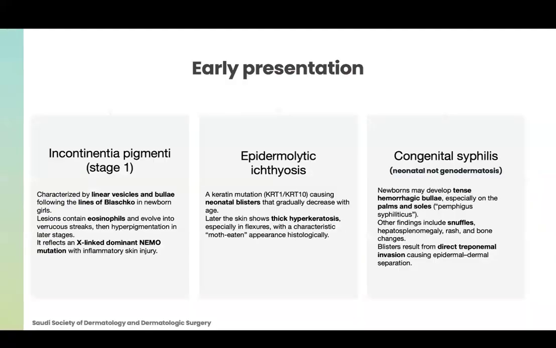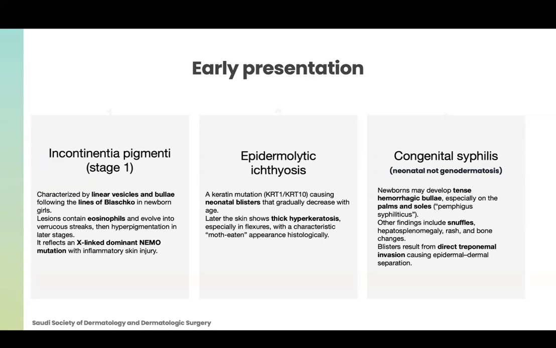There are also some genodermatoses that present early in life. Some of the genodermatoses that present early on, meaning in infancy or the neonatal period, include incontinentia pigmenti. It's a disease that has 3 to 4 stages.